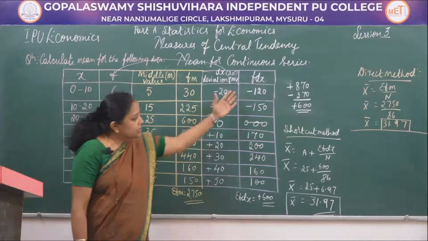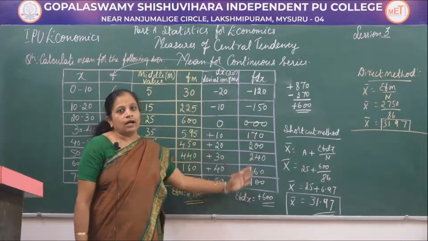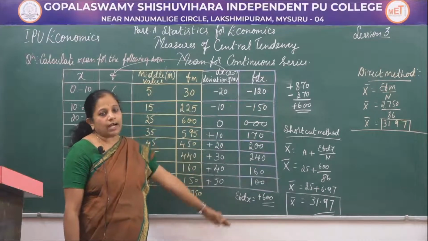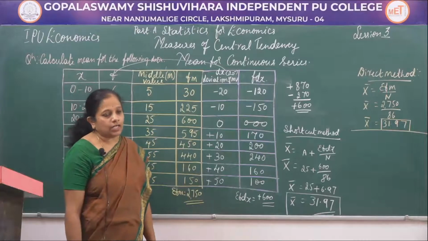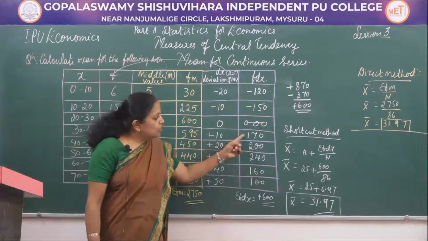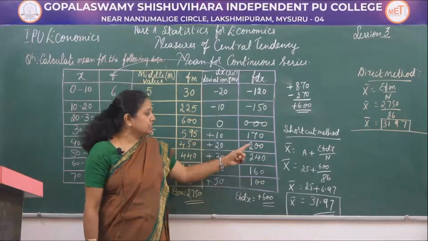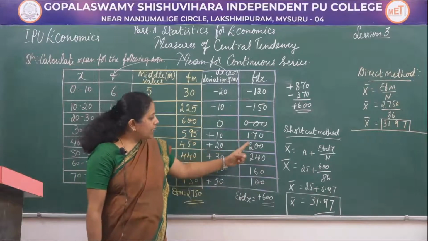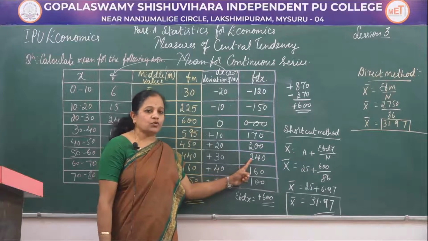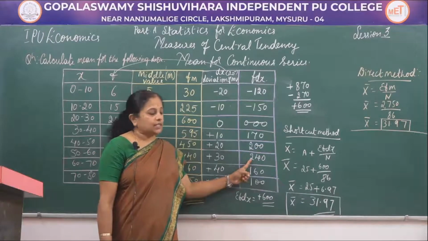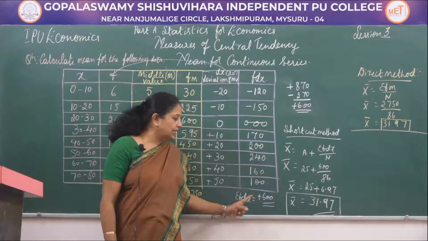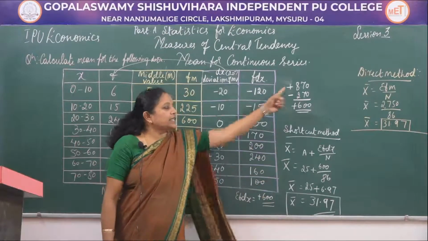After this we have to add the negative values at once, and then add the positive values. The total of the positive values: 170 plus 200 is 370, 370 plus 240 is 610, 610 plus 160 is 770, plus 100 is 870.